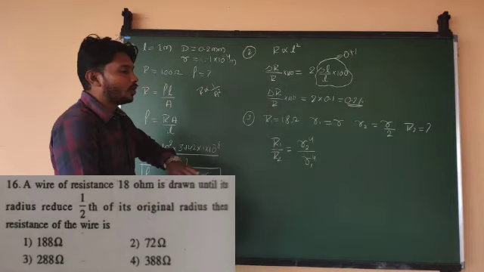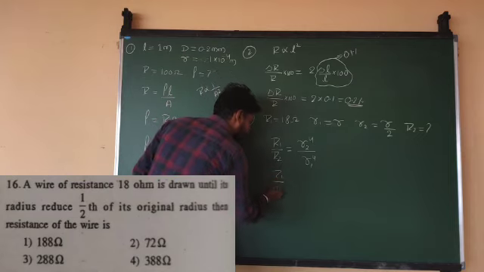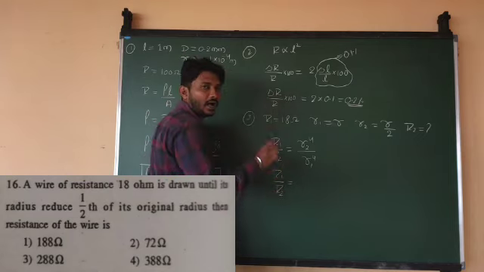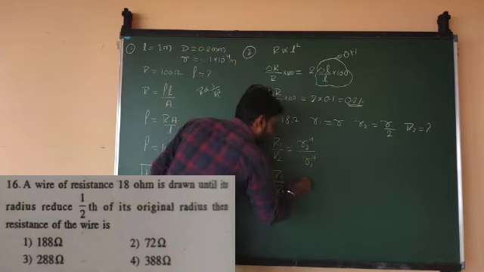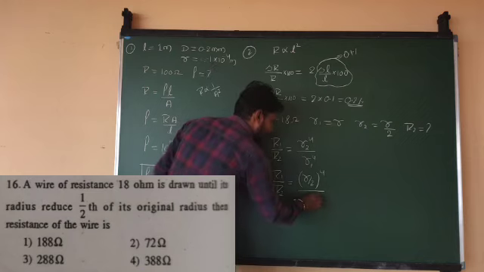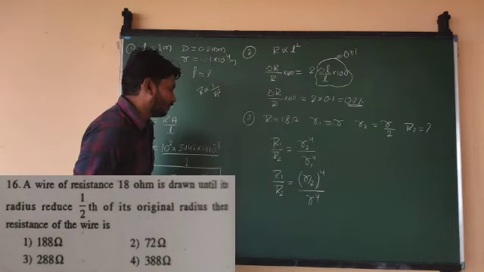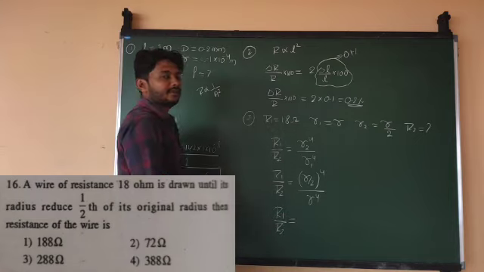Hope you know this formula. Just substitute the value. R1 by R2 is equal to R2, which is R by 2, whole to the power of 4, and R1 is R to the power of 4. So R1 by R2 is equal to what?